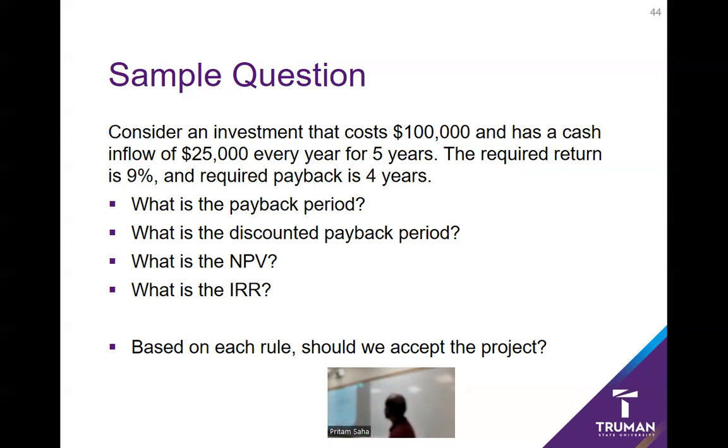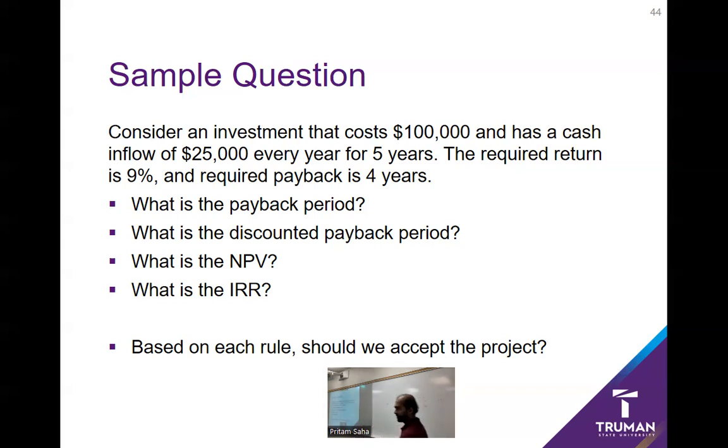Now, what is the payback period? Yes, only 4 years. Why? At the end of year 4, what are we getting? We're getting 25 here, 50 here, 75 here, 100 here.